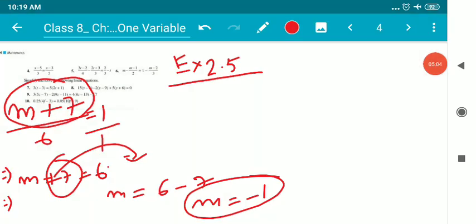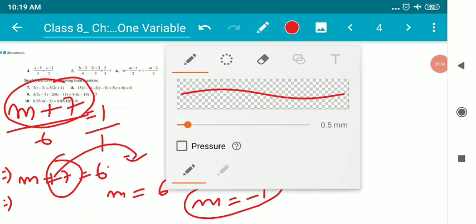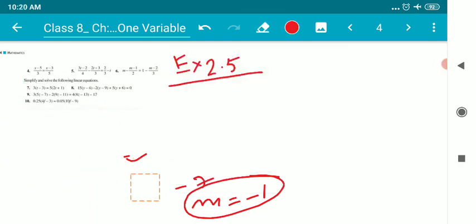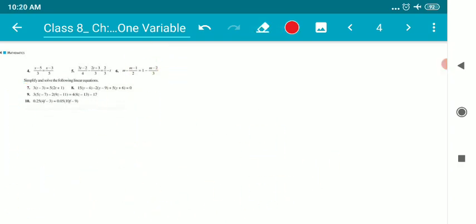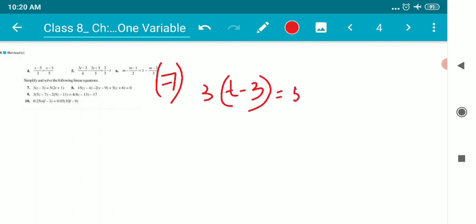So the next question which I can choose for the explanation is in a very simple format. It's given in a very simple form. Question number 7 is about 3 into t minus 3 is equal to 5 into 2t plus 1.